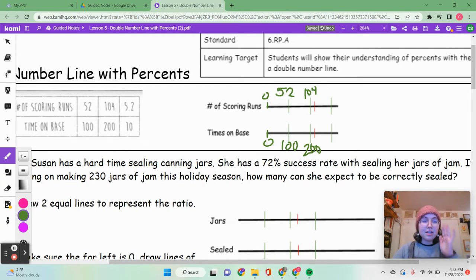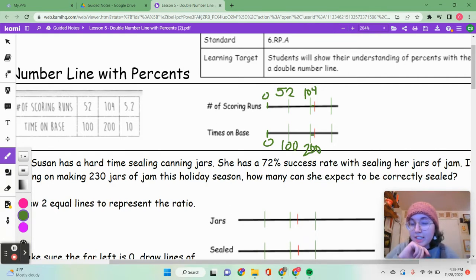Then they said we had that extra 10. We had that 210. So this little distance here, we're going to call that 10 out of 100. So what that means is, for the times on base at least, that's 10 out of 100.